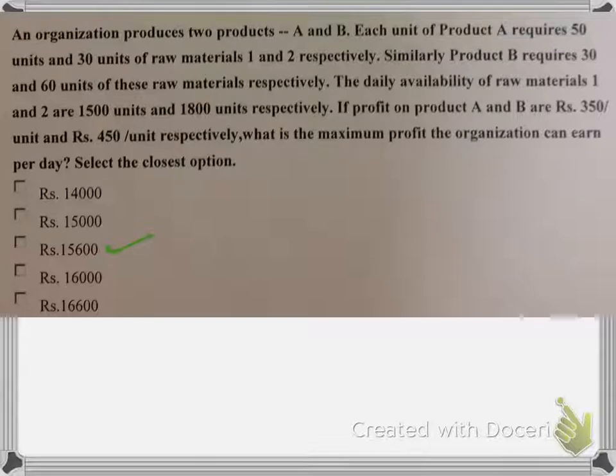Though the options 16,000 and 16,600 are higher than 15,600, we don't have sufficient quantity of raw material 1 and 2 to produce so much of product A and B that generates this much profit.